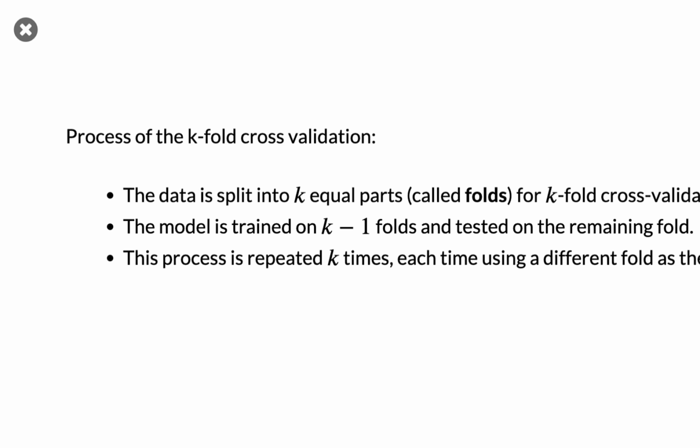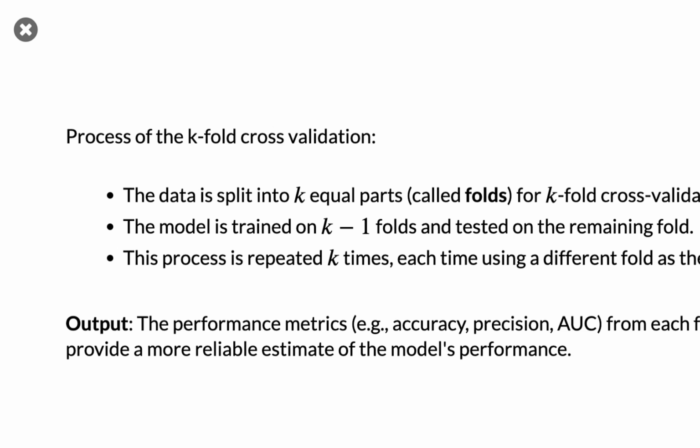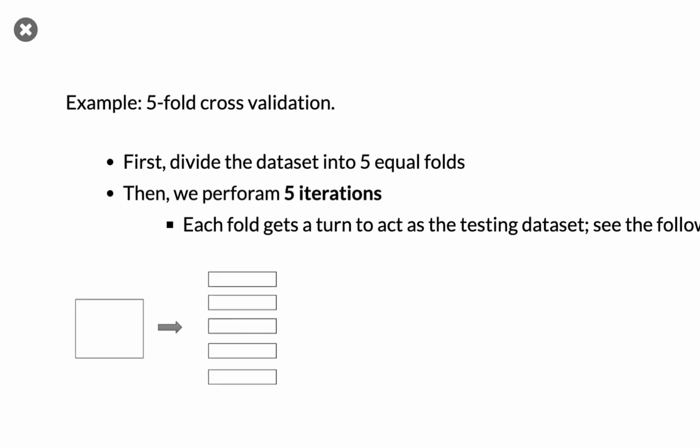The steps are outlined here, but let's just go to a particular example in order to understand this procedure called cross-validation. Okay? Whenever we say cross-validation, we need to specify how many folds we have.